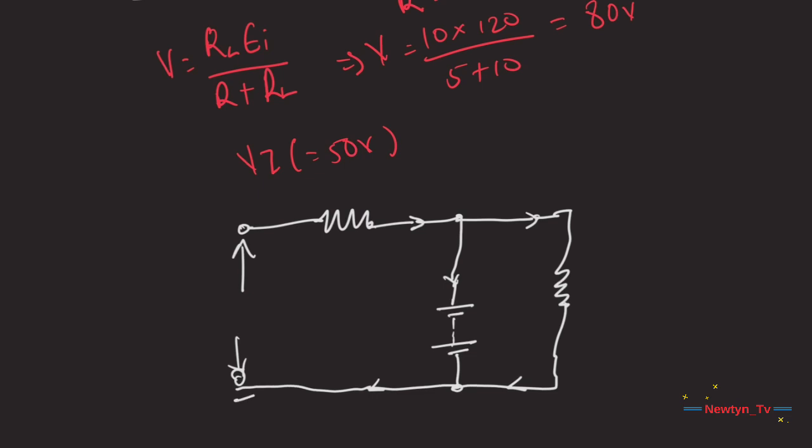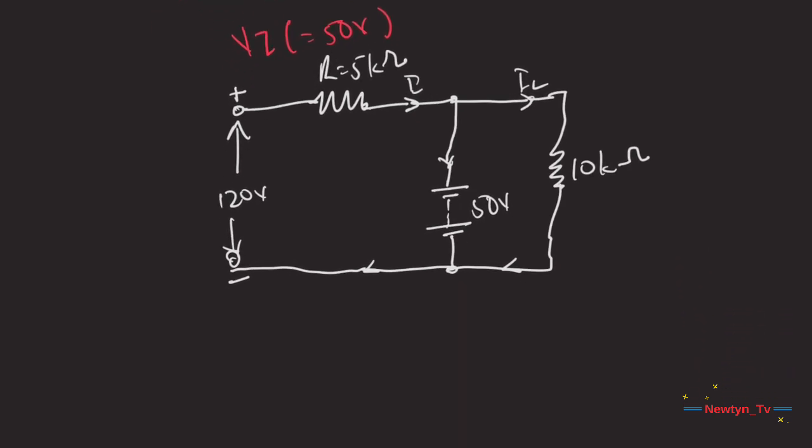Here will be negative and here will be positive. So we have 120 volts here. Then we have R to be 5 kilo ohms. Then we have our I here. We have our IL here. Then we have our 10 kilo ohms. So this is what we are going to get. Then we can replace that with 50 volts. That's the battery. Right.